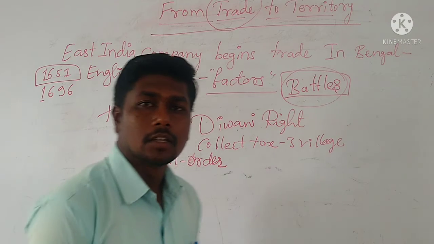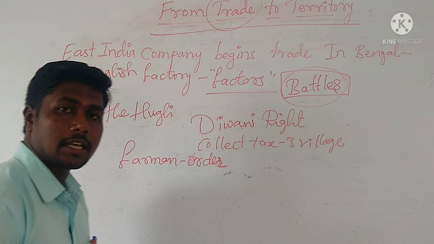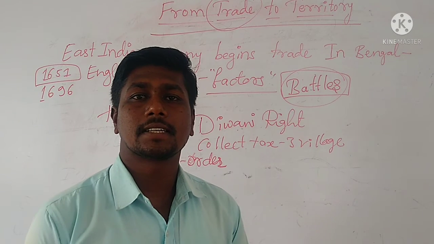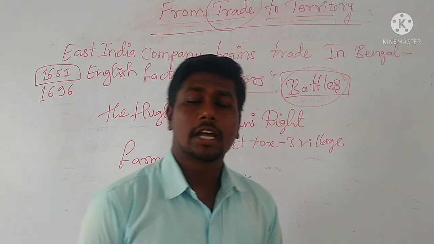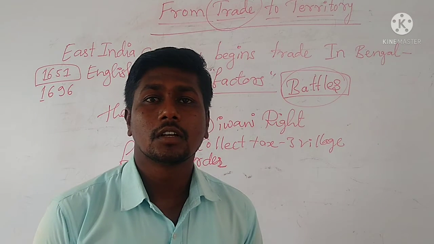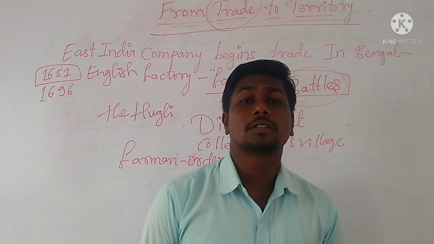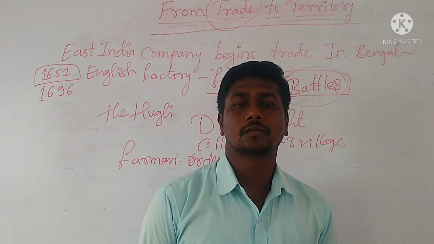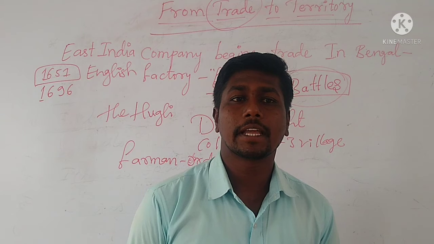Now, as Siraj-ud-Daula came to the rule, he refused to give concessions to the English East India Company, and he demanded that the Company must pay tribute to the Bengal Nawabs. Tribute means kanike, kappa kanike we call in Kannada. It had to be paid by the English East India Company.